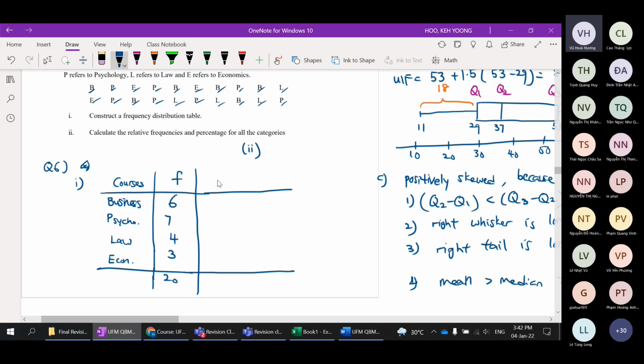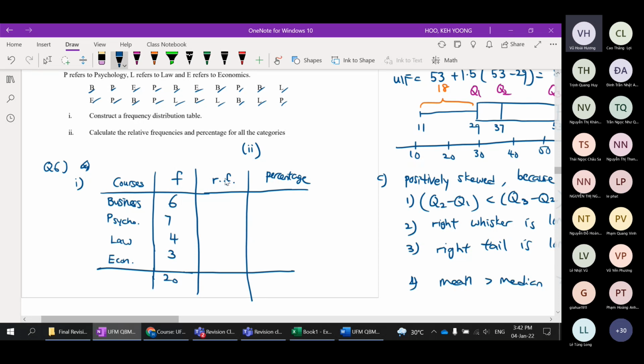So you add in 2 columns, relative frequency and percentage. If you don't combine them into one, then you need to construct separate tables, draw another new table.